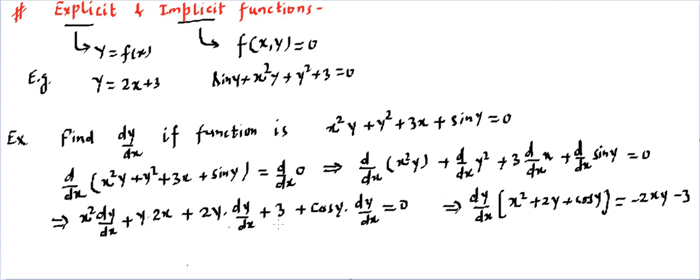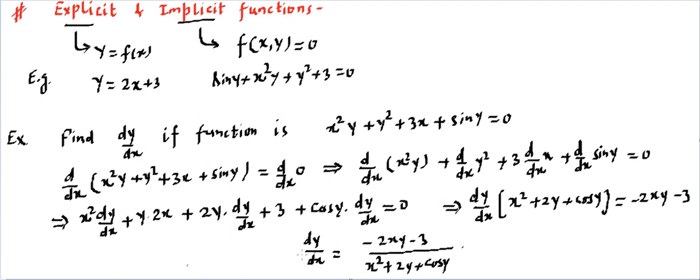That's all, because these two terms are going to the other side, and you can do the calculation as per your speed and convenience, but the rules are the same. So dy upon dx will turn out as minus 2xy minus 3 divided by this number which was there, that is x square plus 2y plus cos y.